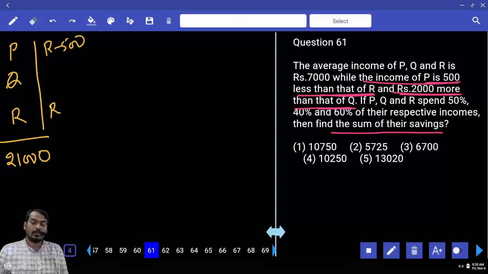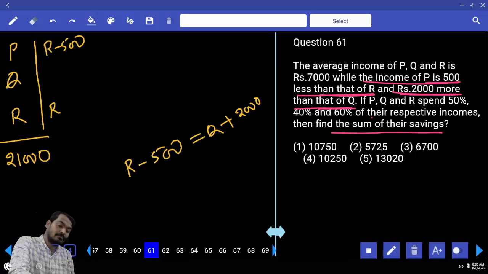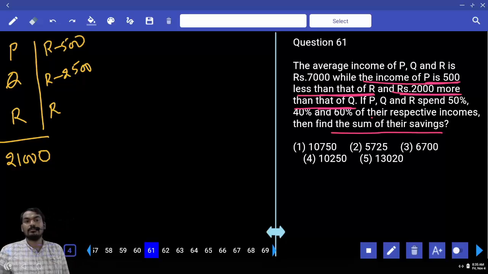Means Q value, R minus 500 is Q plus 2,000. Yes or no? Then Q is how much? R minus 2,500. All are in terms of R.